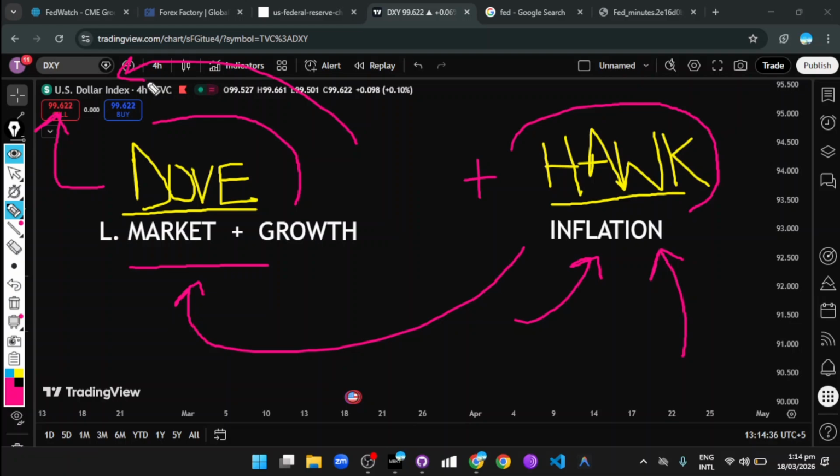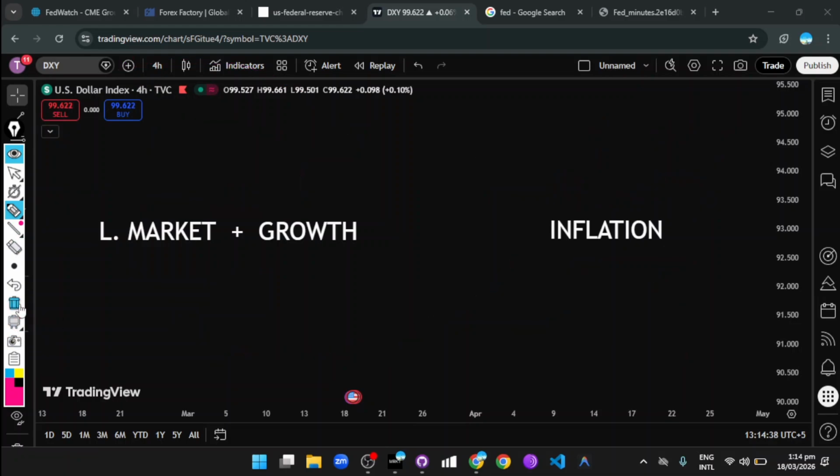Okay, now here is a disclaimer: all of this knowledge was specifically for the current situation where we have a weakening labor market, slow growth, and upside risks to the inflation. There can be multiple scenarios, like a weakening labor market but strong growth and maybe slowing inflation.